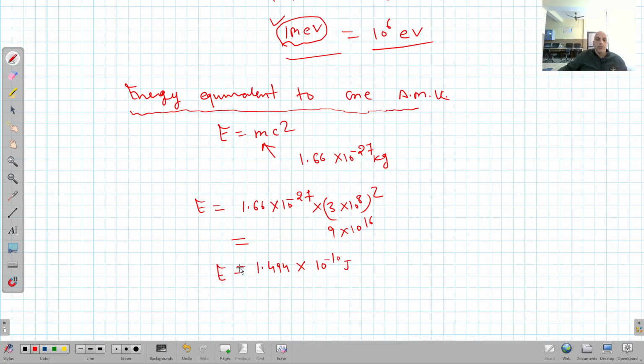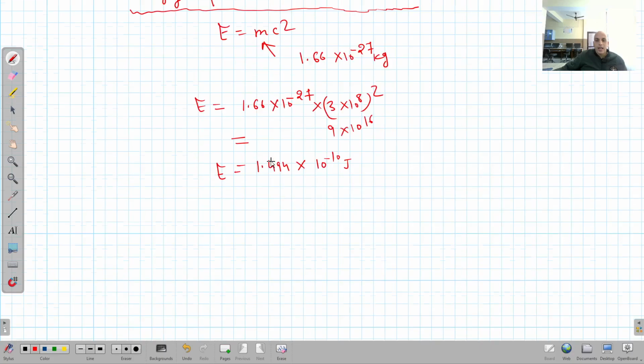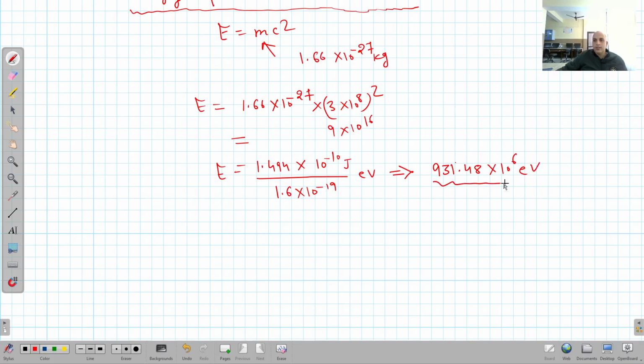Energy. Now I am going to convert this energy in terms of electron volt. So I will simply divide this energy by 1.6 into 10 raised to power minus 19. After simplification, I will get 931.48 into 10 raised to power 6 electron volt. This is the expression that I will get.